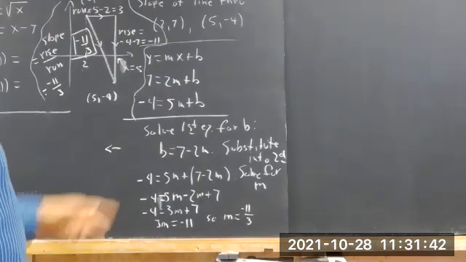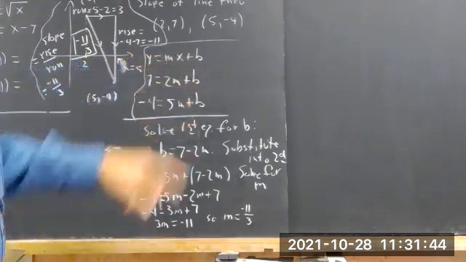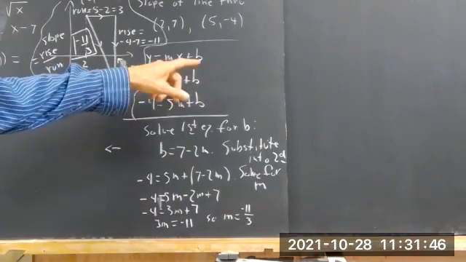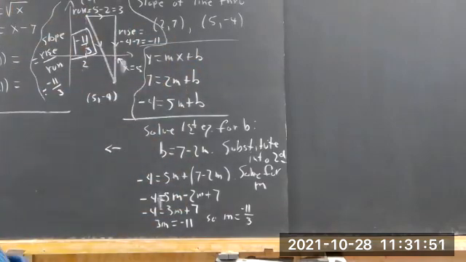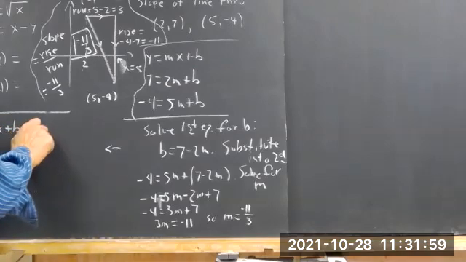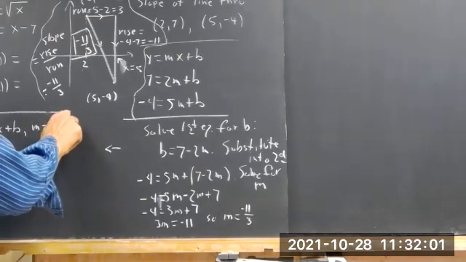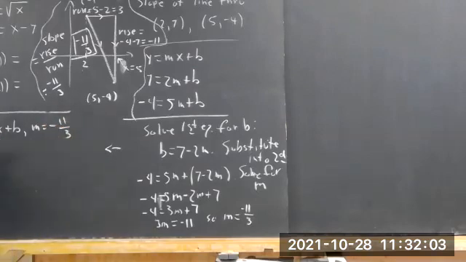One way or another, though, I've still got to use y equals mx plus b. Whether I get m this way or this way, I now have y equals mx plus b with m equal to negative 11/3.